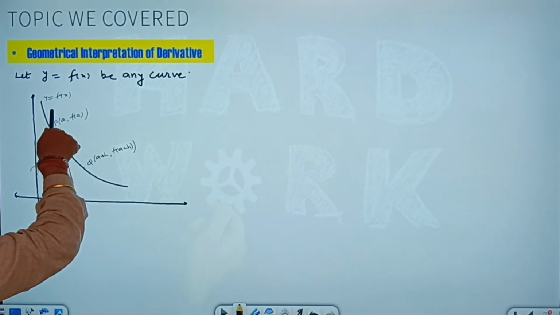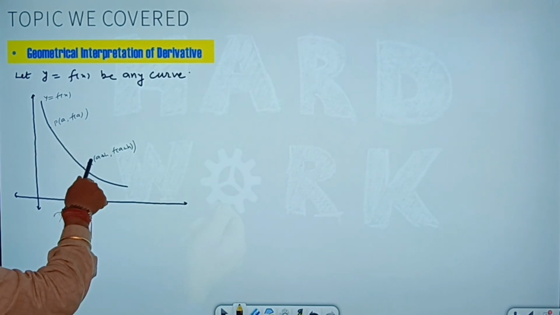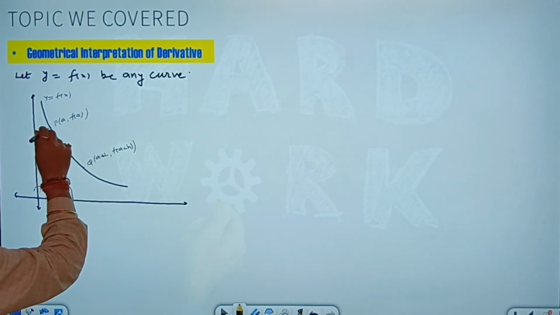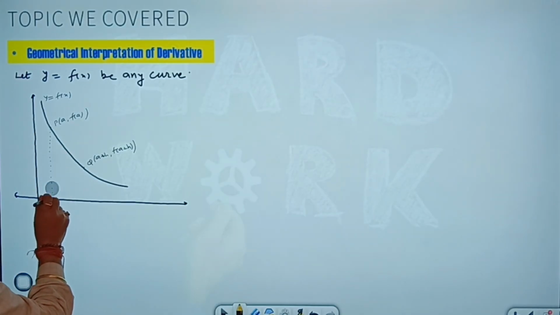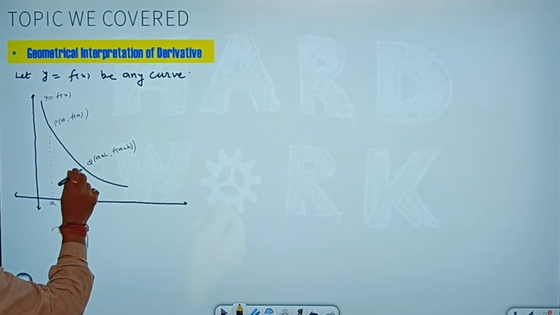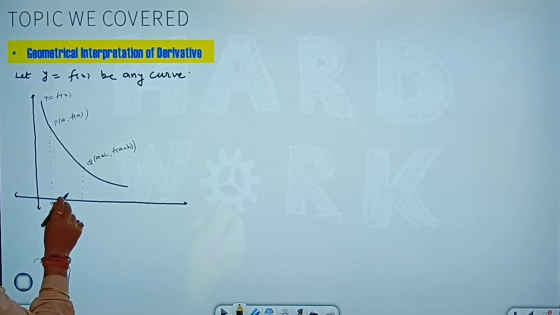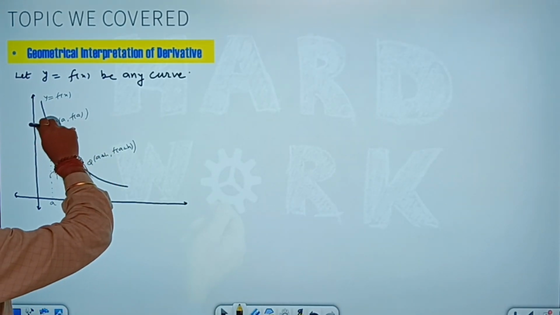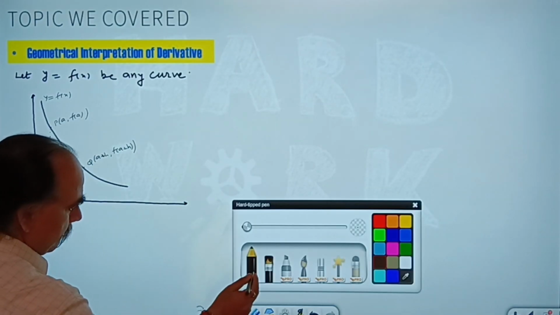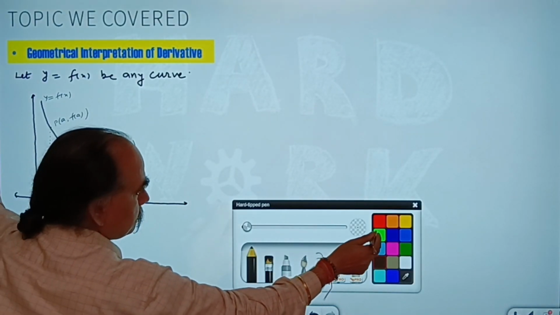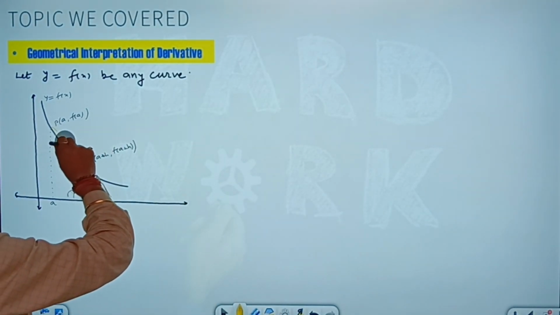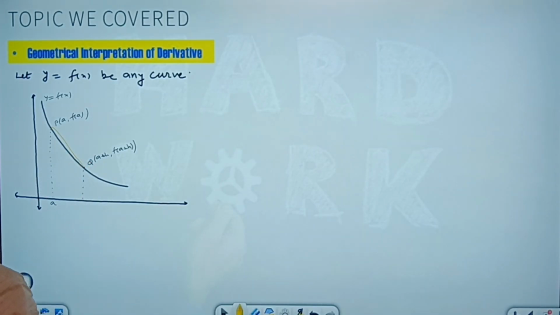When the x coordinate is a, the corresponding y coordinate is f(a). When the x coordinate is a plus h, the corresponding y coordinate will be f(a plus h). See here, this is x coordinate a. After some time there will be an increment in its x coordinate, so that increment I am taking as h. So the corresponding y coordinate will be f(a plus h). Join P and Q.